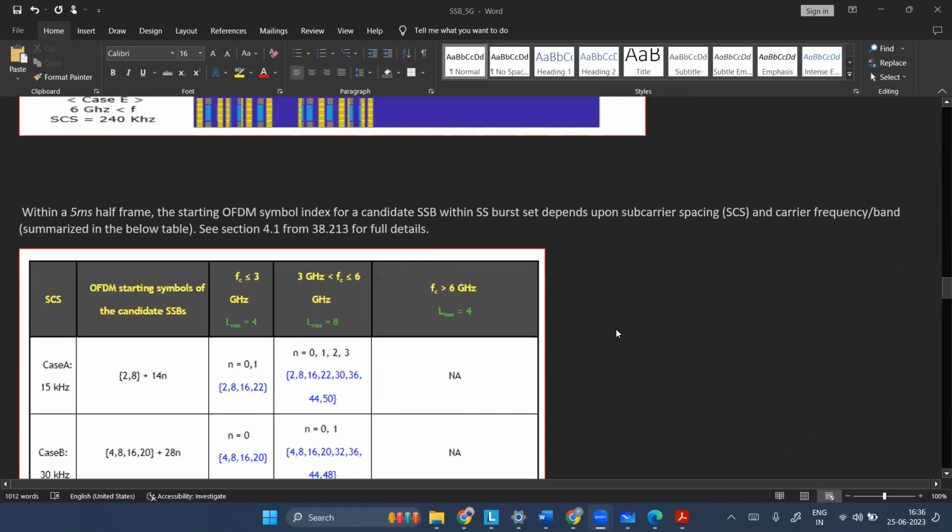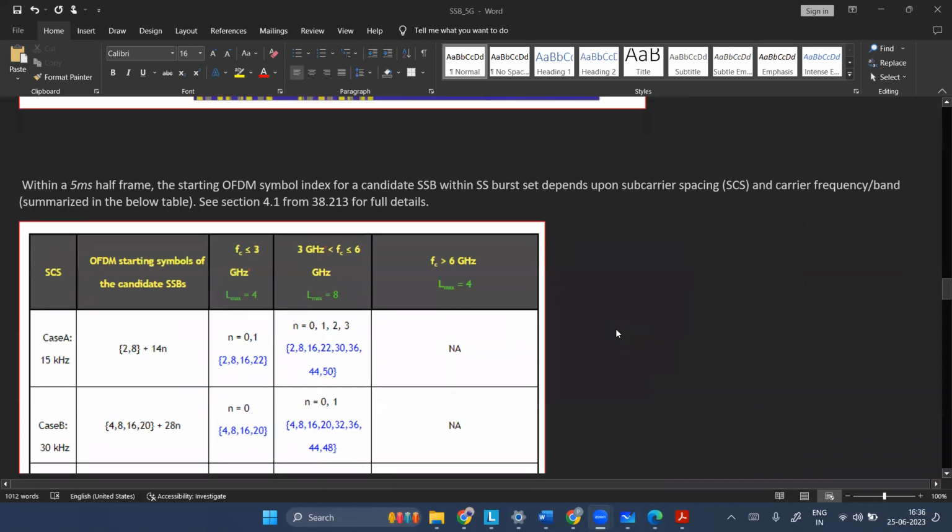Let's say the maximum possible SSBs are 4, it can send 2, 3 or 1 also. Or for 64, we only require 32 SSBs. So why waste power for that, right?